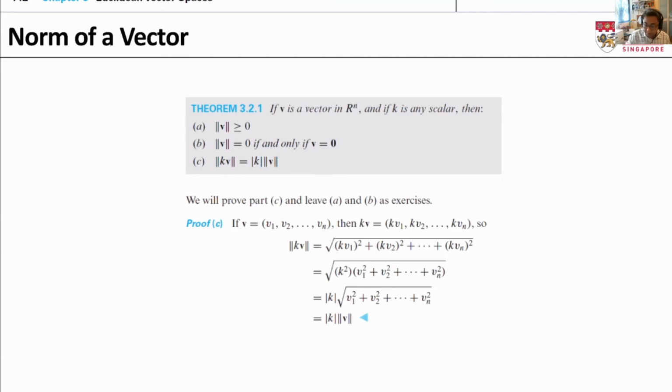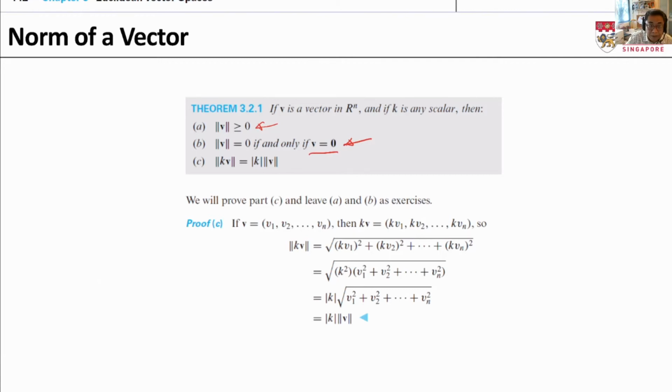In the next slide, we now will summarize some properties regarding norm. The first property is that it is a positive value. It will be 0 or greater than 0, and it will only be 0 when the vector being evaluated is the 0 vector, where all entries are 0.